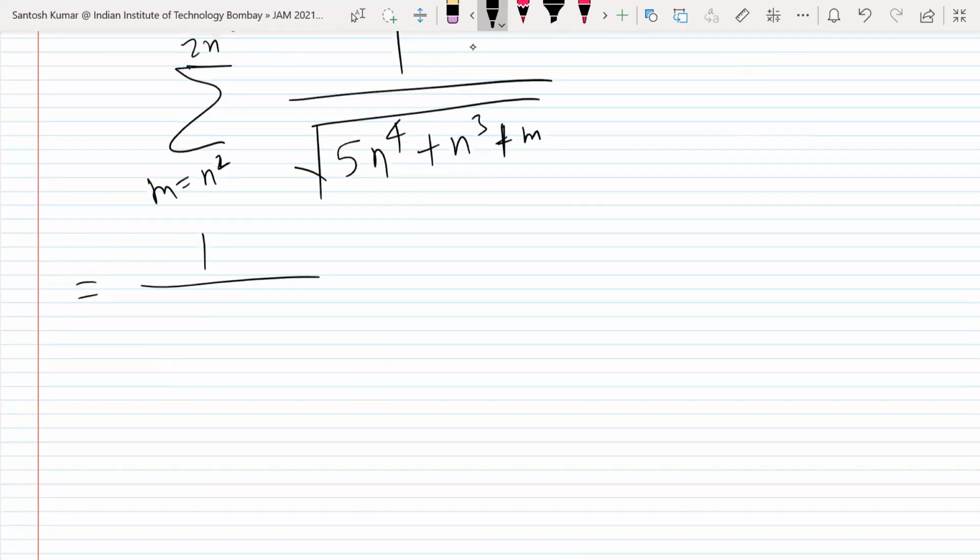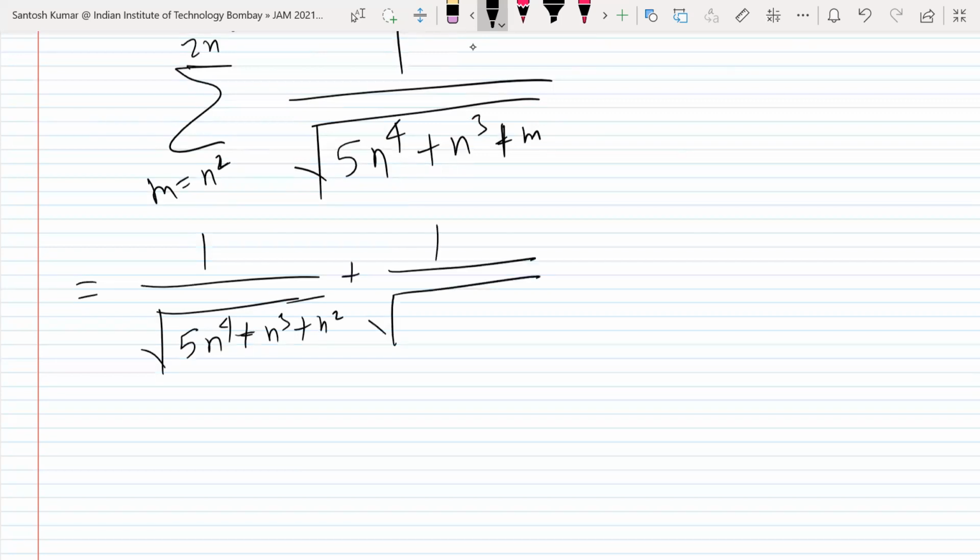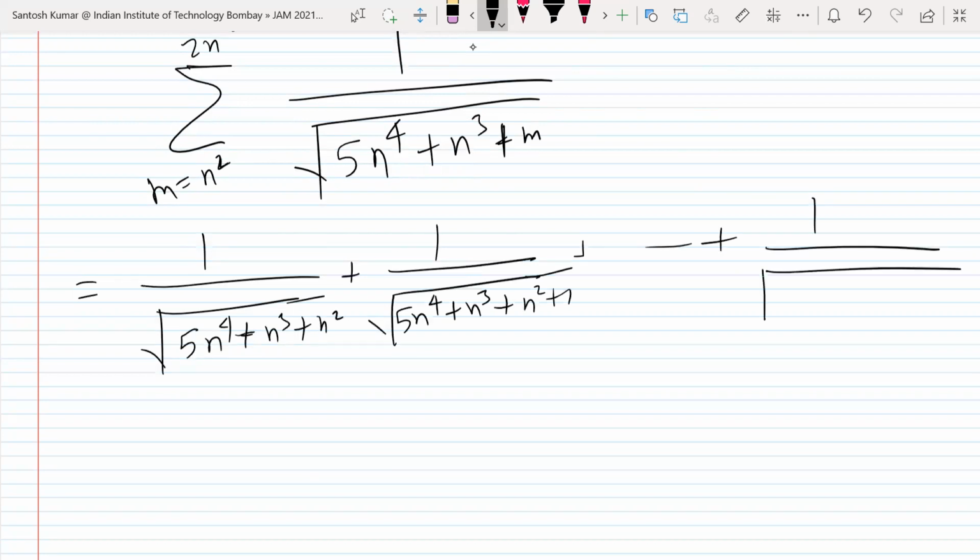First term will be 1 upon root under 5n4 plus n cube plus n square. Right? Second term will be 1 upon root under 5n4 plus n cube plus n square plus 1, and so on. The last term will be 1 upon root under 5n4 plus n cube plus 2n square, because m can take value maximum 2n square.